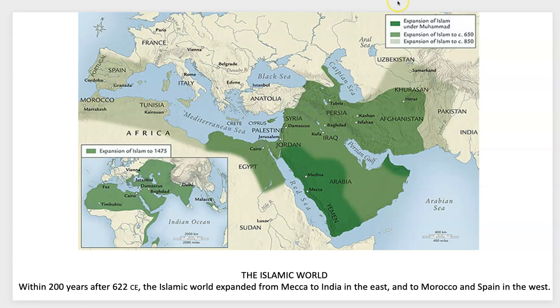And so you can see under Muhammad, first he was just really expanding everything in Saudi Arabia, and then his territory grew to be around 650, and then expanded even more over to Spain, Morocco, throughout Turkey, and parts of North Africa.